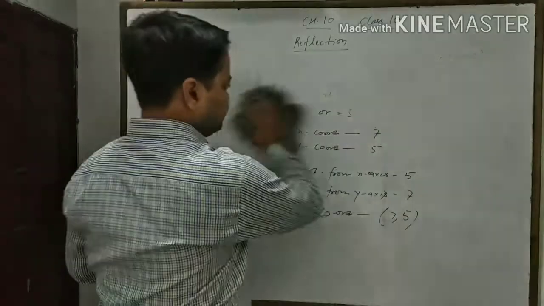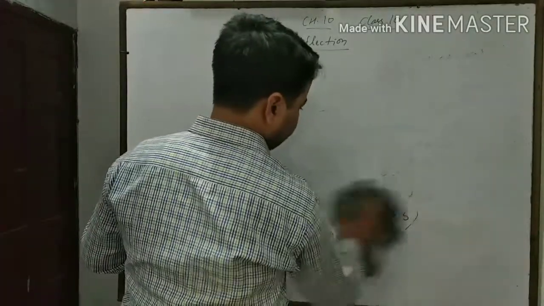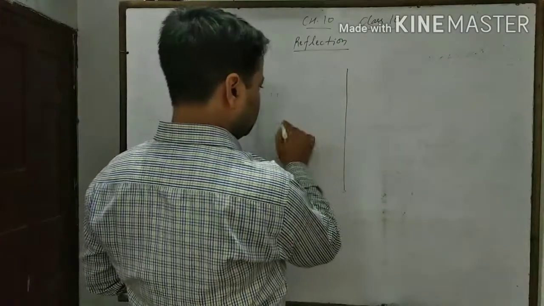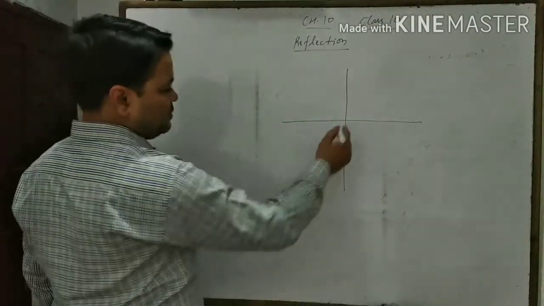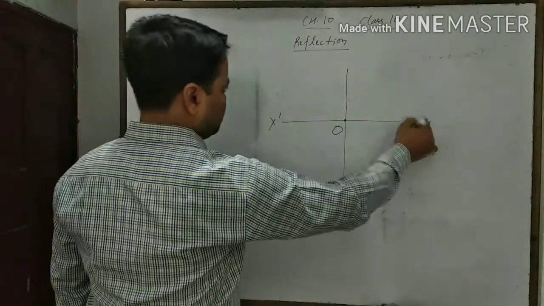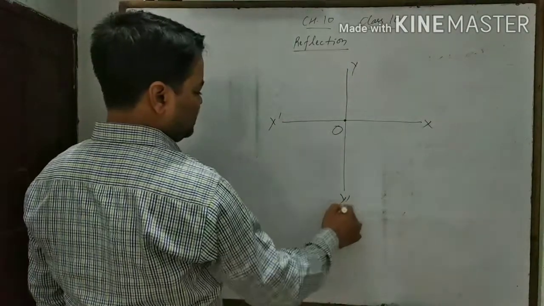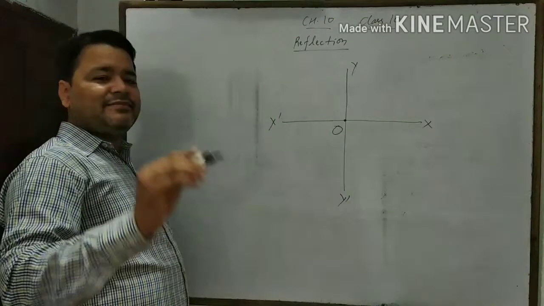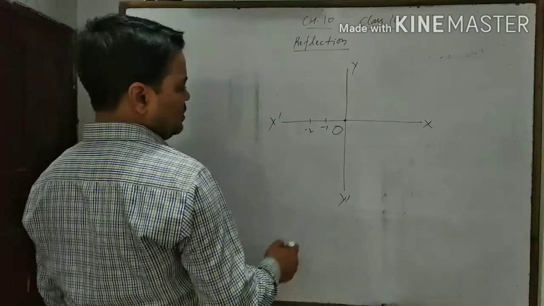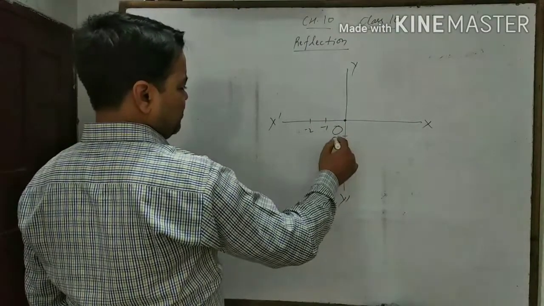Now, the coordinate plane here. This is the origin, O. X dash, X, Y, Y dash. X dash means the negative direction of the x-axis: -1, -2. Y dash is the negative direction of the y-axis.